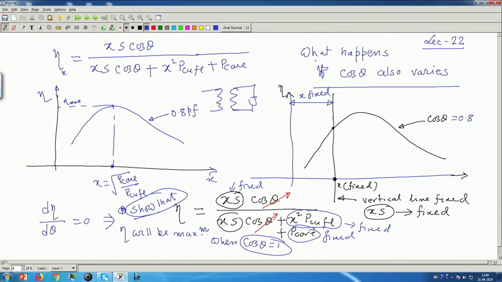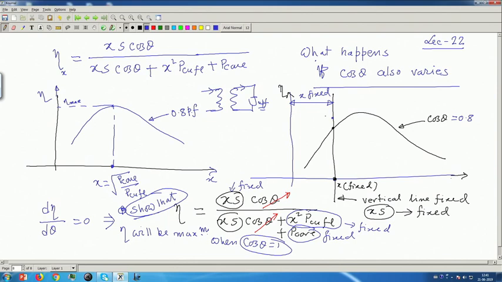You always pass a given fixed current by varying the load, but in this case I will vary only cos theta to change the magnitude of the load, and then if it is unity power factor, the efficiency at this fixed load, as you vary the power factor, will be maximum here.